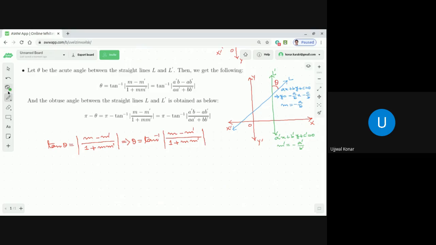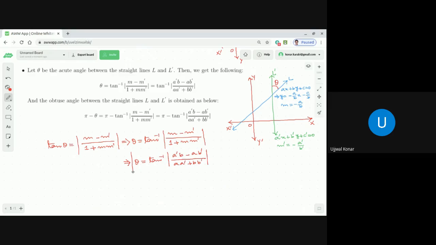And this value of m and m dash, that is m is equal to minus a by b and m dash equal to minus a dash by b dash, we can apply here, and we can find the value of theta is equal to tan inverse of mod of a dash b minus a b dash divided by a dash plus b dash.